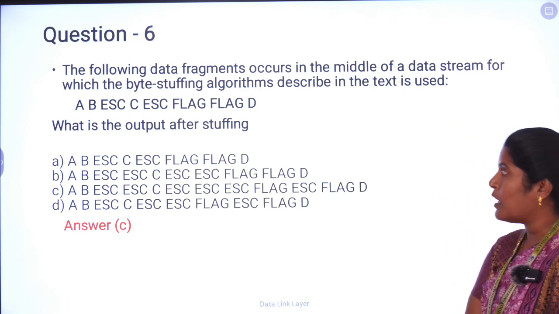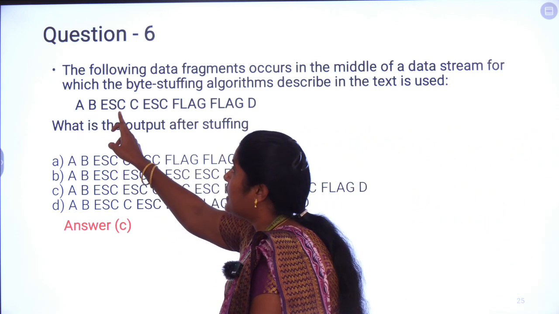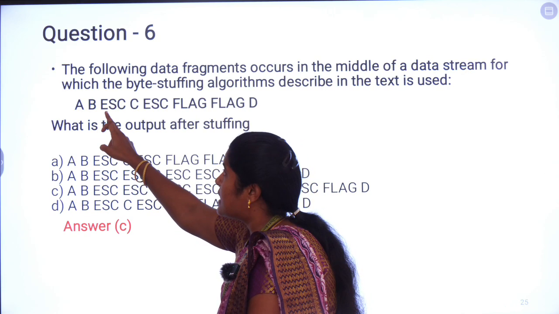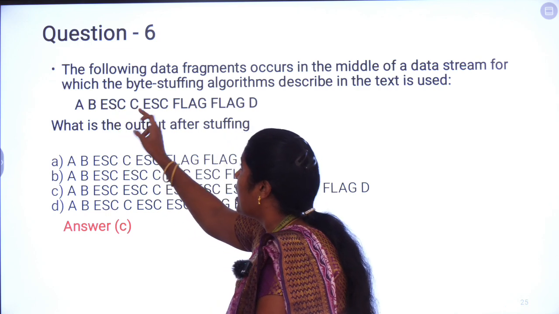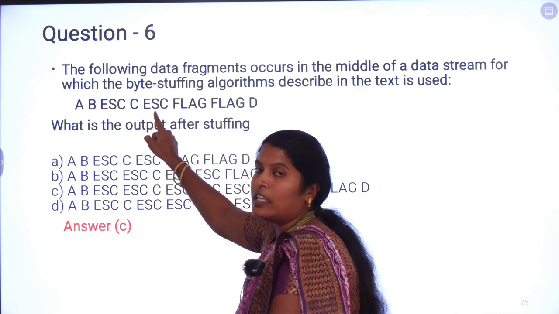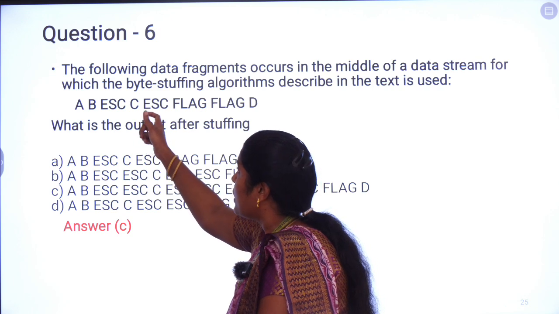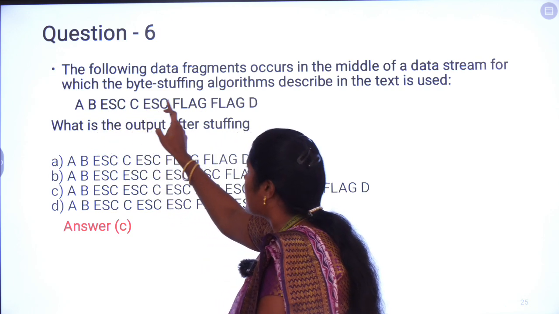The option is C, because A, B are the messages. Escape is a special pattern, so we have to include a special character called escape. So it becomes A, B, escape, escape, C. Again, escape is a special pattern, so before it we need to include an escape character. So it becomes A, B, escape, escape, C, escape, escape, flag.